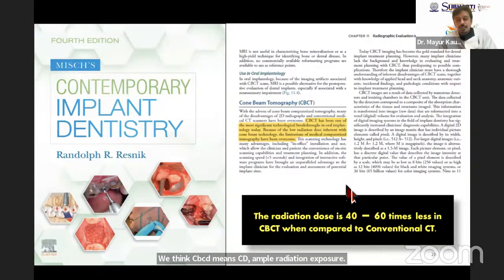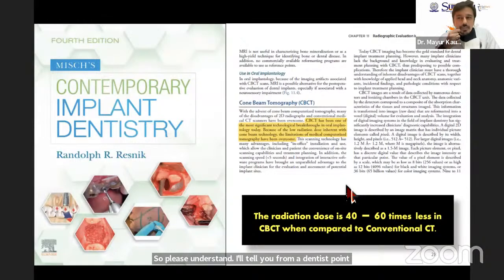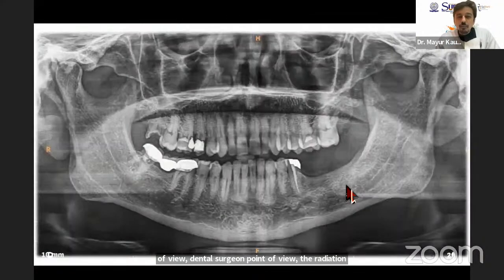But then again, as dental doctors, we don't advise CT much. So we are not able to apprehend it straight away. So please understand, I'll tell you from a dental surgeon's point of view. The radiation exposure in CBCT of a small area is actually one-fourth that of a conventional OPG.